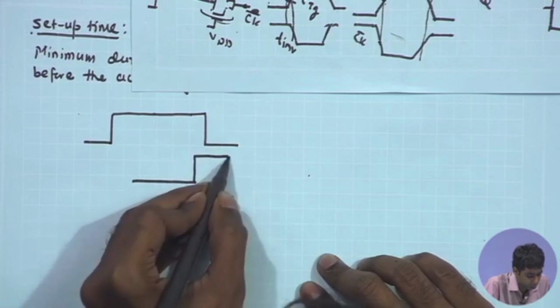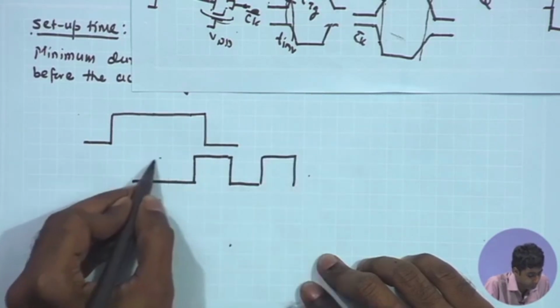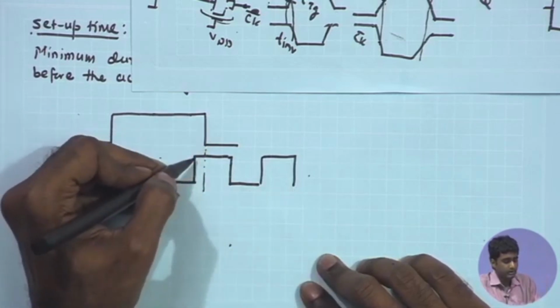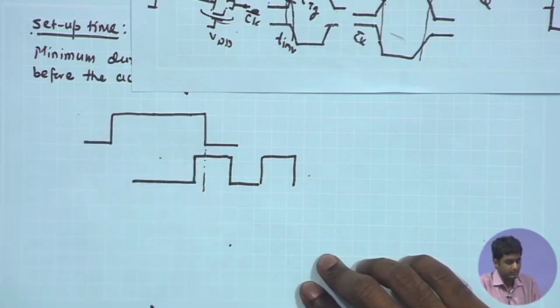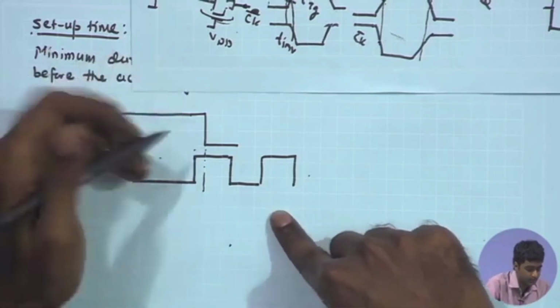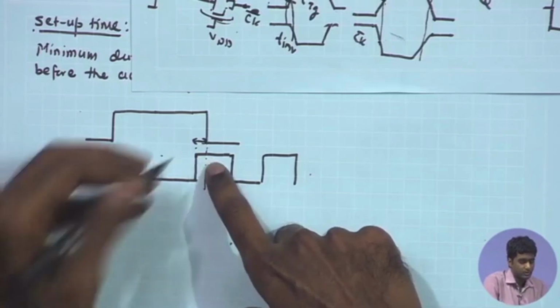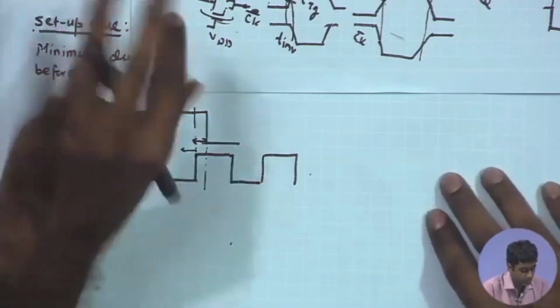This is the clock. You have the clock continuously running, and at this instant what is happening is just before, just immediately after. I will have to draw in a different way.